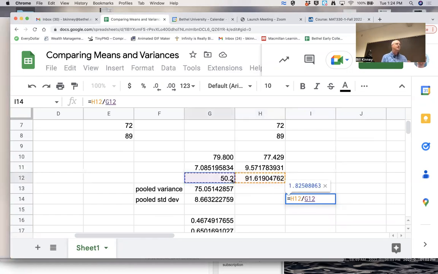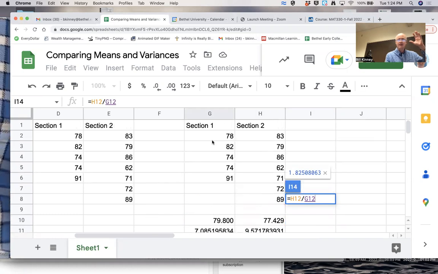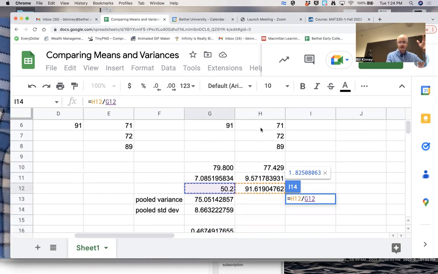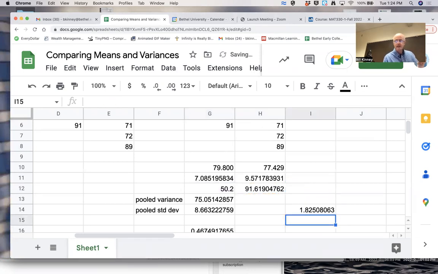If I'm thinking of sample 1 as the G column for section 1 and sample 2 as the H column for section 2, instead of S1 squared over S2 squared, I really did S2 squared over S1 squared. Put the bigger one on top. Yeah, 1.825. There's our observed value of the F statistic.